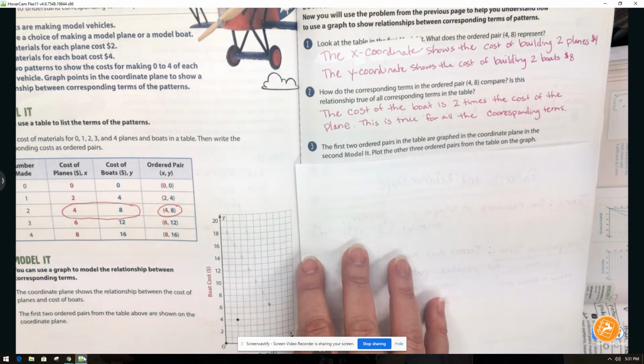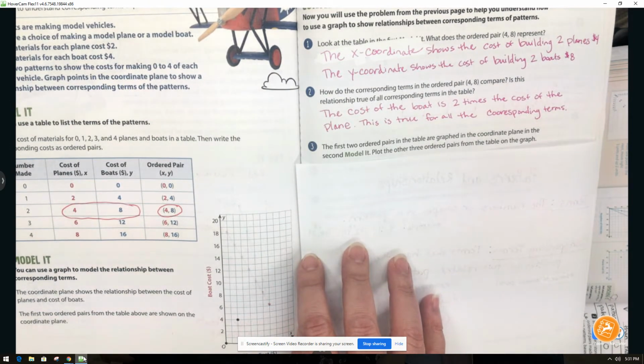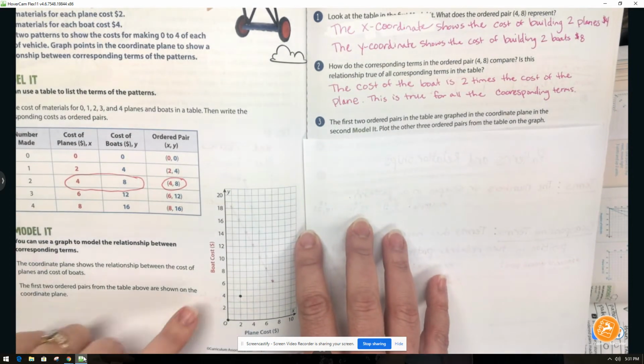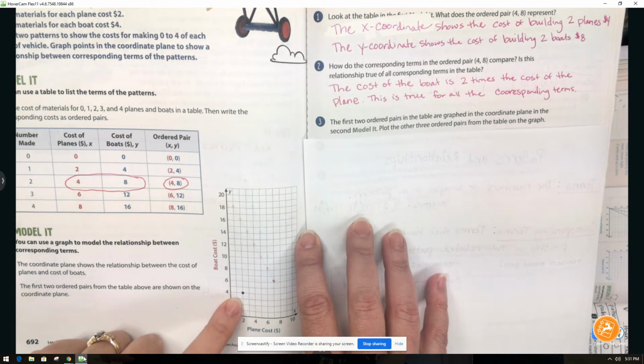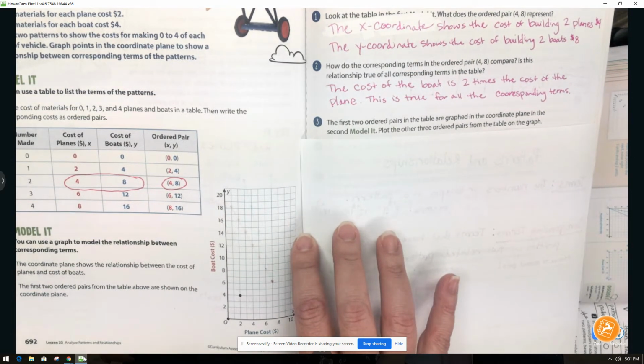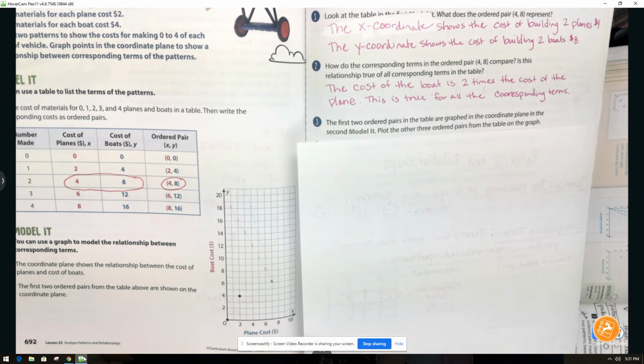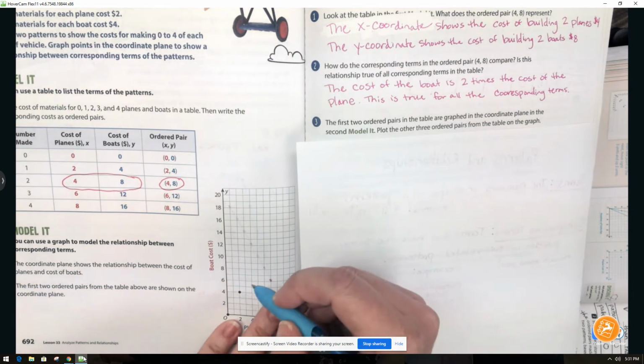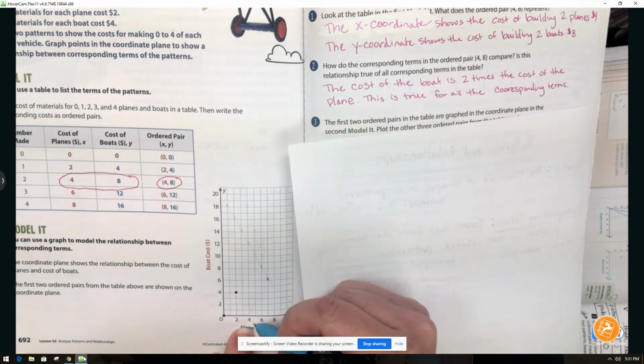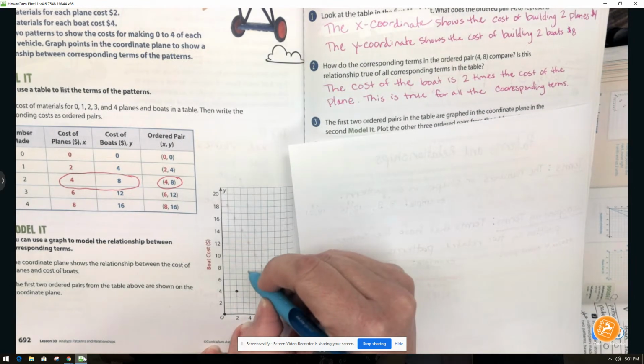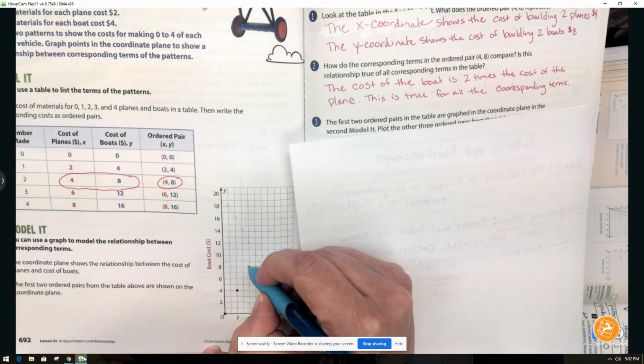Number 3, the first 2 ordered pairs in the table are graphed on the coordinate plane. So they did 0, 0 for us, and they did 2, 4 for us. We're going to go ahead and plot the other 3 on the graph now. So we need to do 4, 8. So when the x value is 4, the y value is 8.